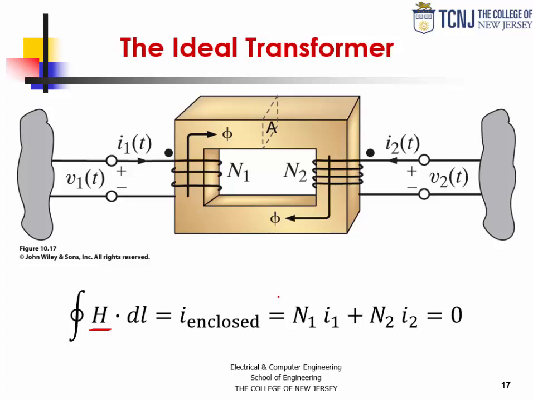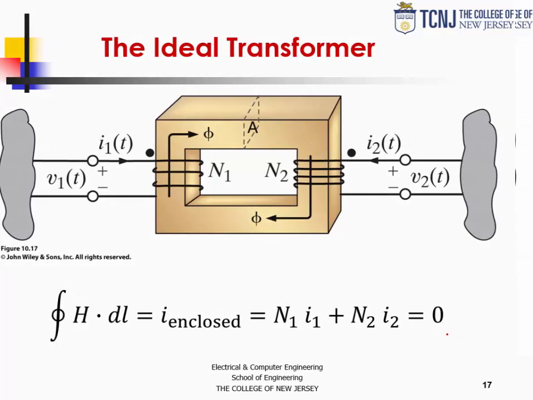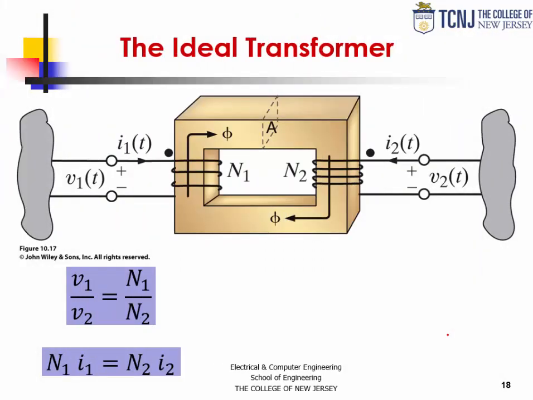That yields that the number of turns in the primary times the current in the primary plus the number of turns in the secondary times the current in the secondary is equal to 0. Which gives me the equations of the relationships for voltage and currents in a transformer.